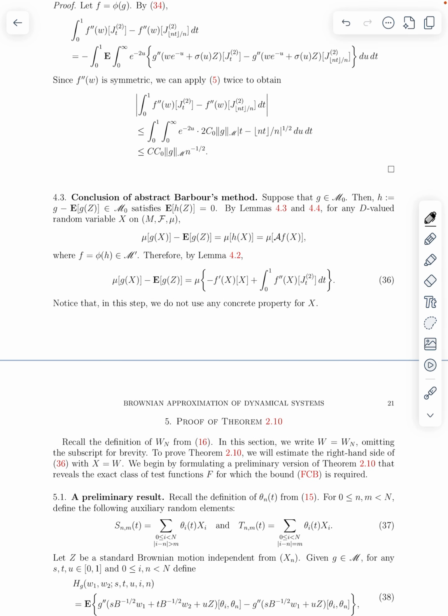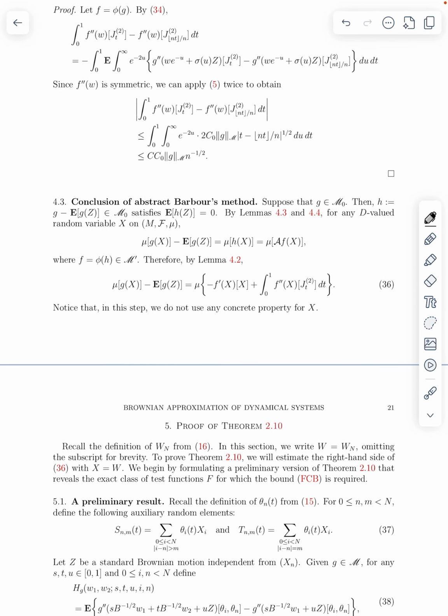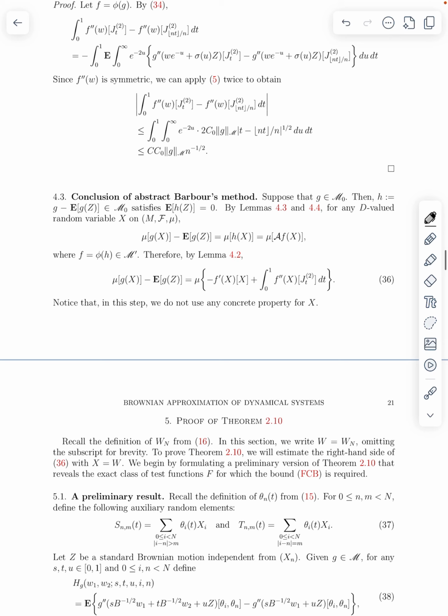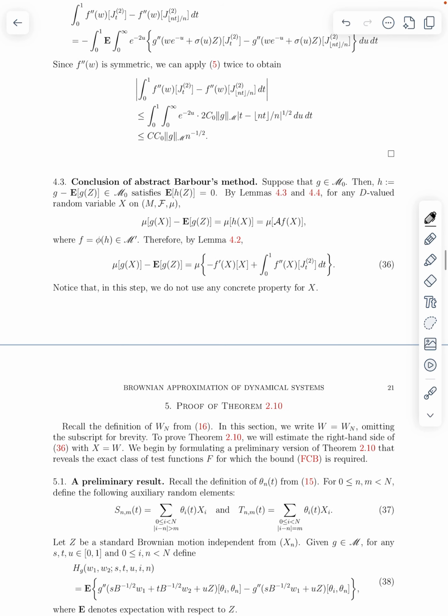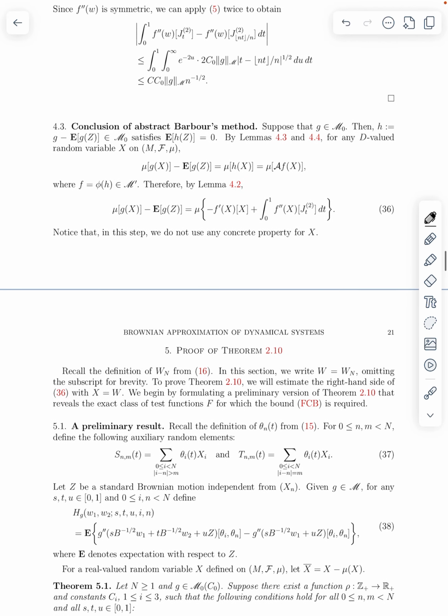And so the point is, suppose that g is in M0, so it's in this space that has this C2 Lipschitz condition, and also has this condition, which is something like a controlled rough path condition. Then, of course, if you subtract off its mean, then it's mean 0, obviously. And it's still in M0, so the constant doesn't change anything.